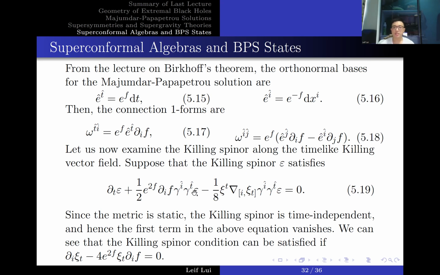Since the metric is static, it is reasonable to infer that the Killing spinor is time independent, and hence the first term in the above equation vanishes. This one vanishes because it is independent of time, and the partial derivative of something independent of time is 0. We can see that the Killing spinor condition can be satisfied if the following equation is satisfied.